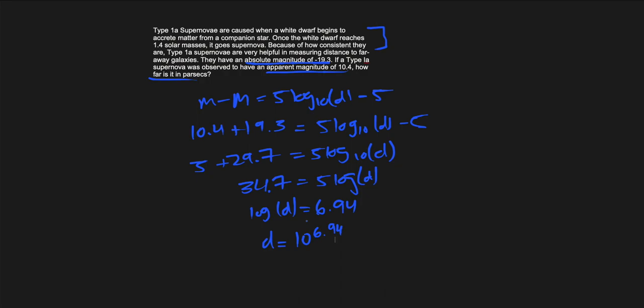And if we plug that into our calculator, we'll get something like 8709635.9 parsecs. And that seems to be the right answer.